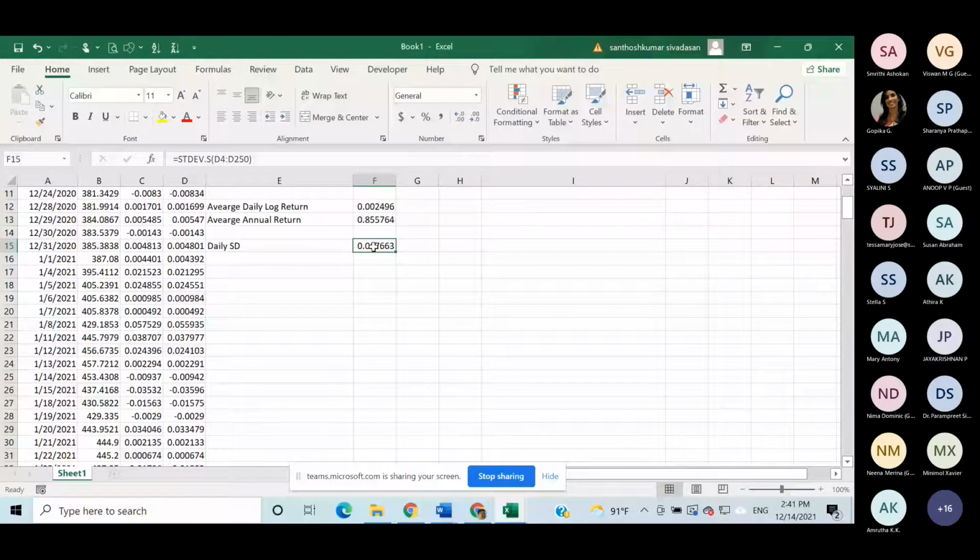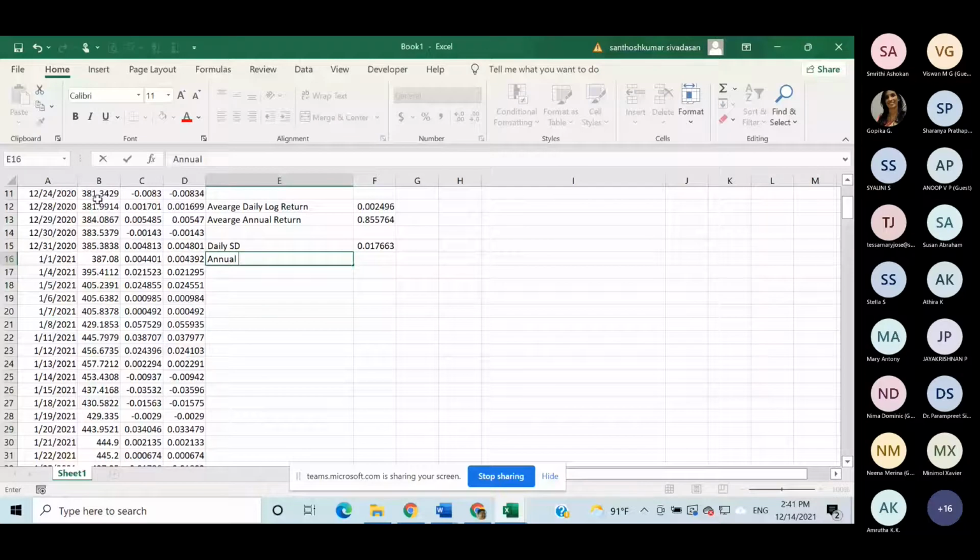From this you can find the annual standard deviation. Annual ST is equal to the daily standard deviation into square root of.